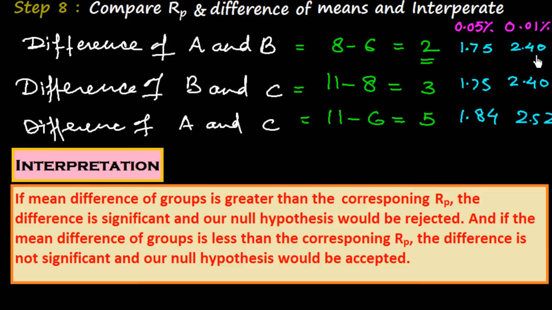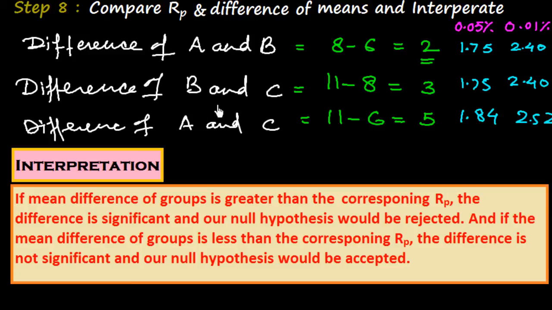But at 1%, look here, the mean difference is only 2, but at 1% the RP is 2.40, which is greater than 2. So our hypothesis is accepted here at 1%. So there is no significant difference at 1% for A and B group, but at 5% there is a significant difference.